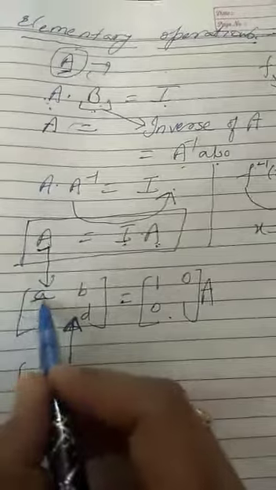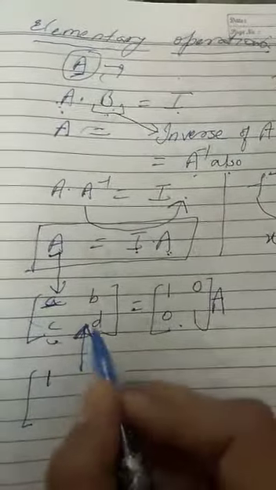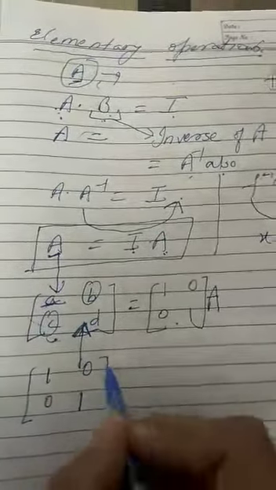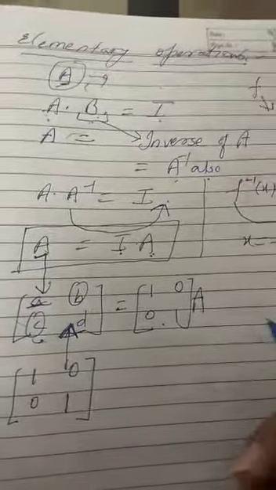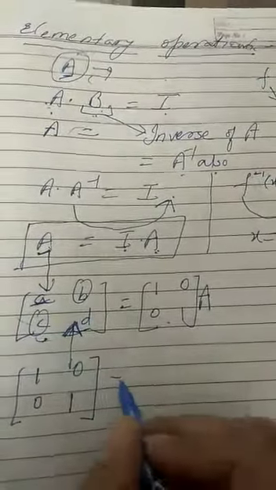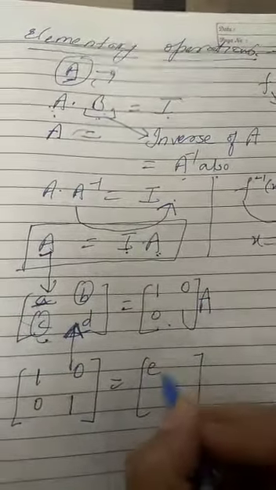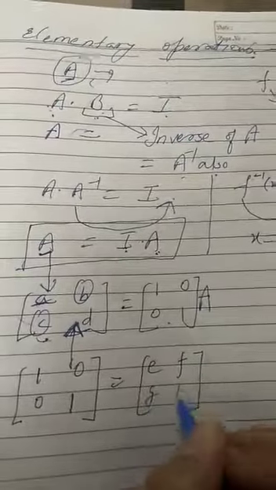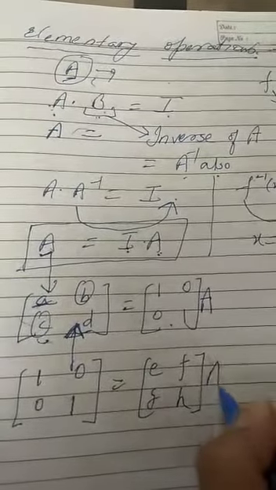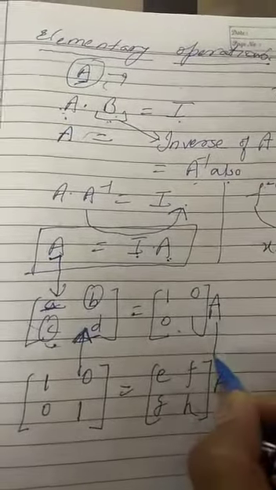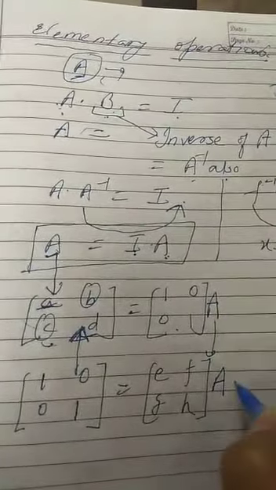I will make this element 1, I will make this element also 1, and these two elements I will make 0 with the help of some elementary operations. And while performing the operations, no doubt here also the elements will change. Let us say the new elements E, F, G, H will come here. This A we will write down as such. No change here. A will remain A only, not even in the form of a matrix.